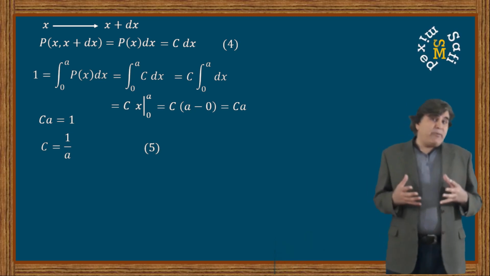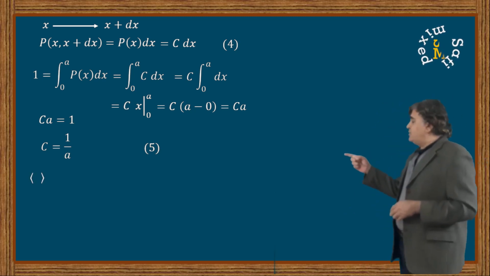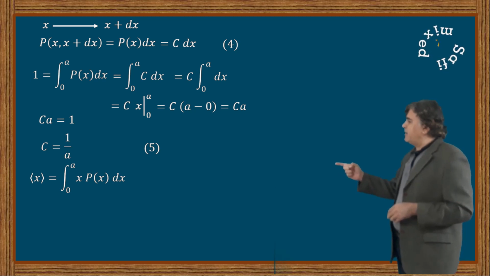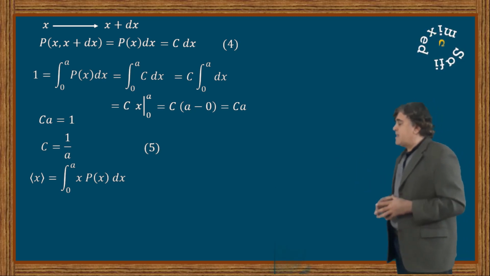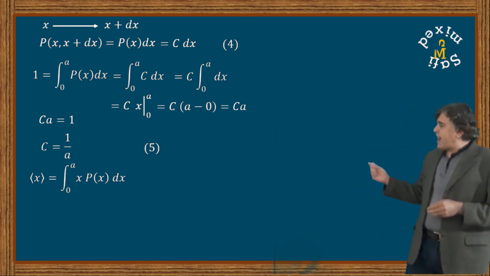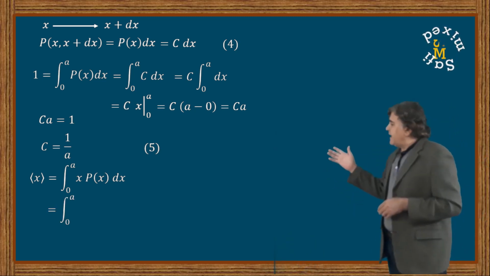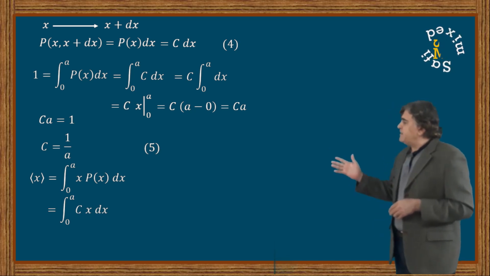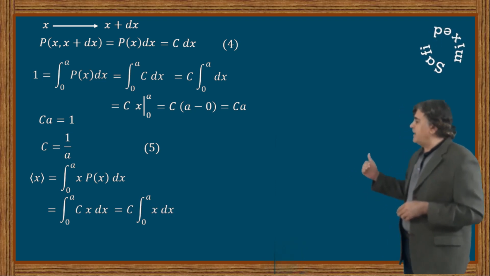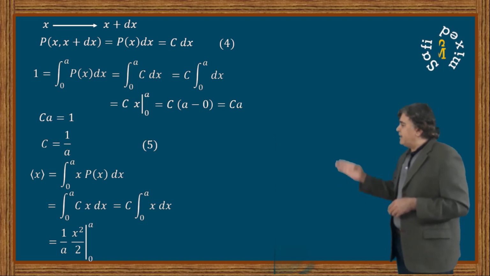Now, from the theory of probability, we know that the average position of the particle is given by x average equals the integral from 0 to a of x times the probability of finding the particle at position x times dx. If I substitute the values from equation 4 and equation 5 sequentially, I can write the equation as C times the integral from 0 to a of x dx, and applying the integration and putting the value of C, I can write it as 1 over a times x squared divided by 2 with limits from 0 to a.